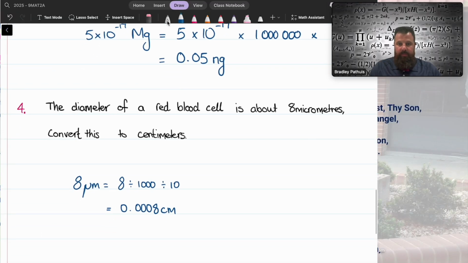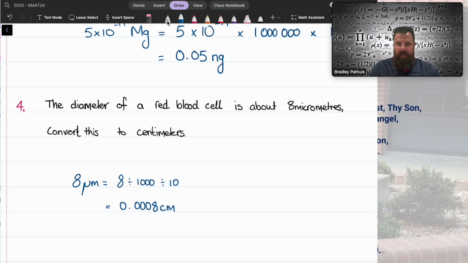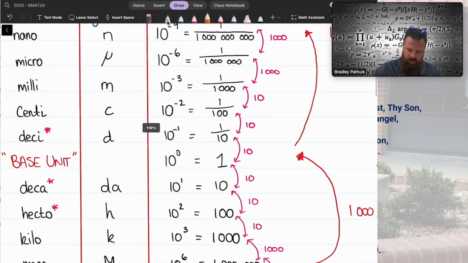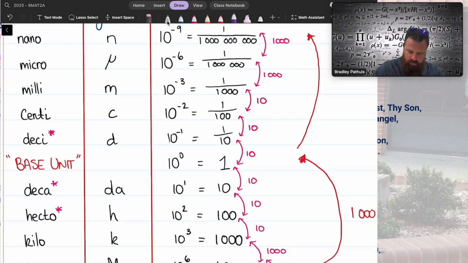And finally, this was an example we talked about a little bit clearer in class. Some worded problem, the diameter of a red blood cell. Cool fact, but that's not the numbers I'm dealing with. We've got micrometers, and I want to go to centimeters. So micro is something small, and I want to go to something big. When we come back up to my table, we're starting at micro, and we want to get down to centi.